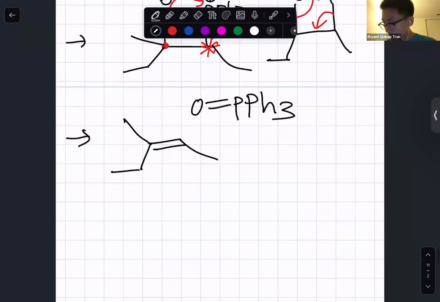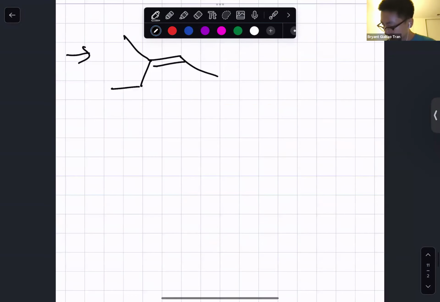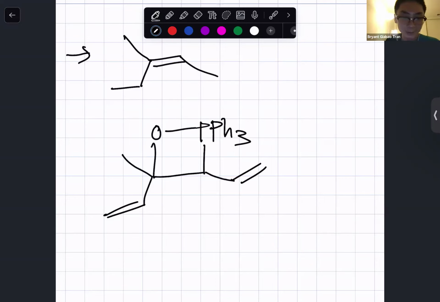So let's say the carbonyl was conjugated and the ylide was conjugated. Like we had a double bond there. Phosphorus, phenyl. And then let's say there was a conjugation there. Now, think of this as like the endo rule.